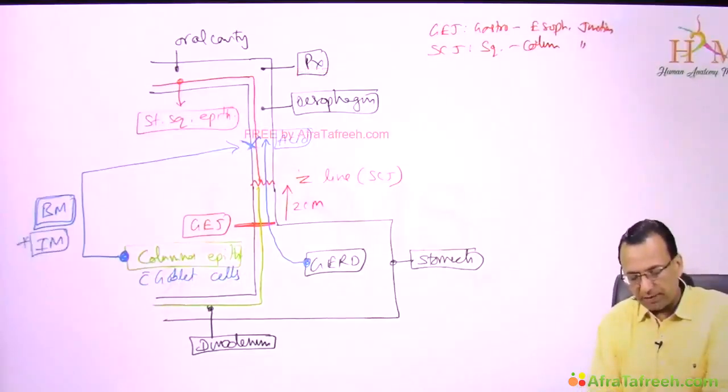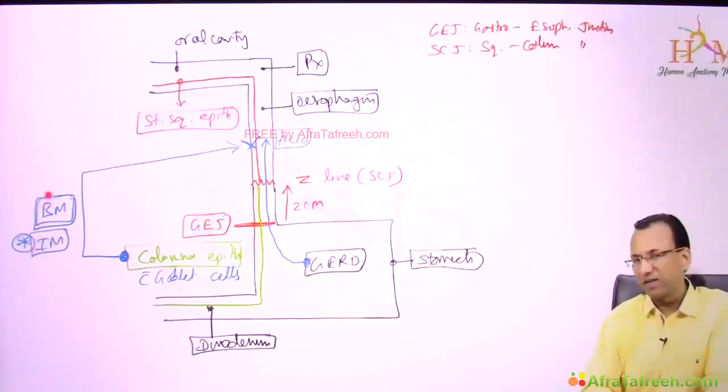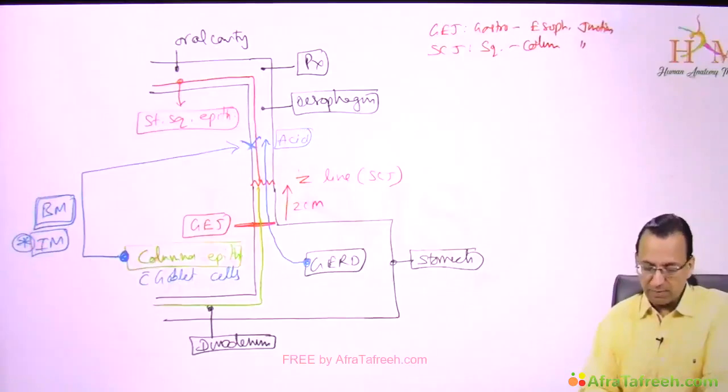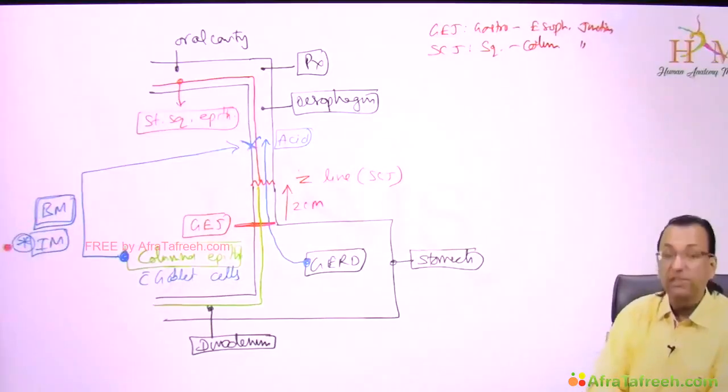Why will you call Barrett's metaplasia intestinal metaplasia? Because in the intestine I find the same epithelium, columnar with goblet cell. But it is a misnomer, as written by Robbins Pathology.